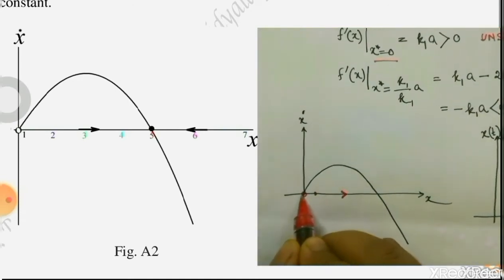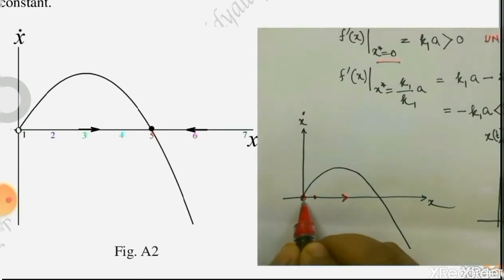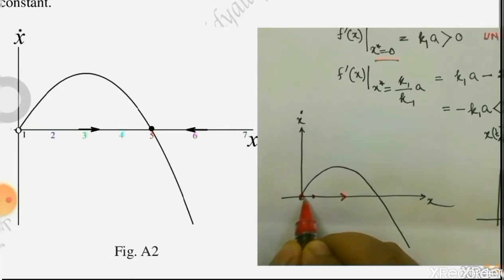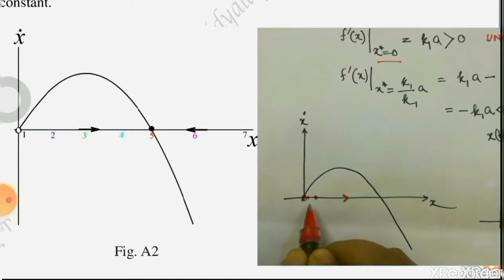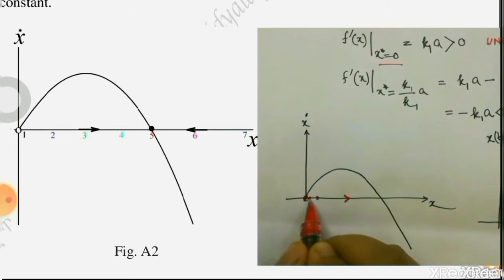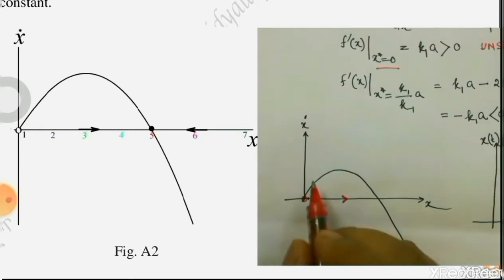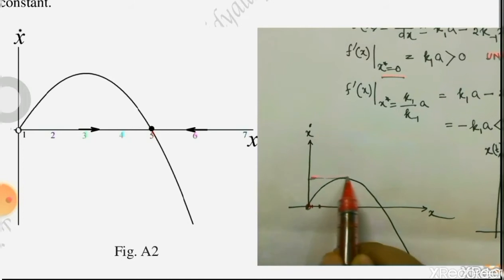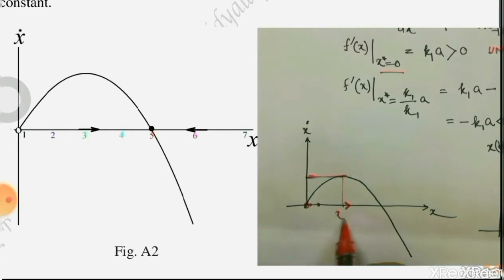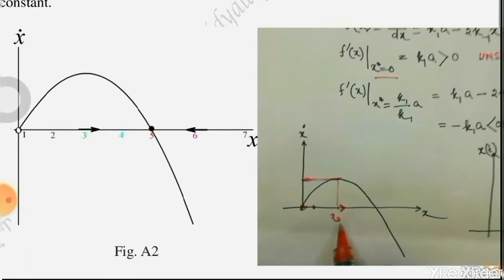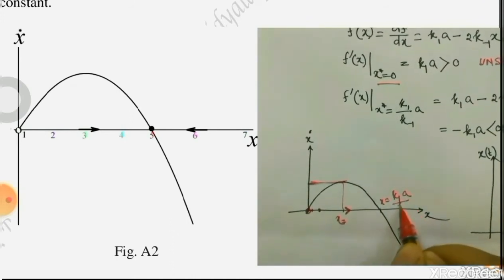So with a small presence of the x molecules, that is for a point very near x equals 0, the concentration of x molecules will grow very fast up to this point, this value of x, which is x equals k1a by k minus 1.